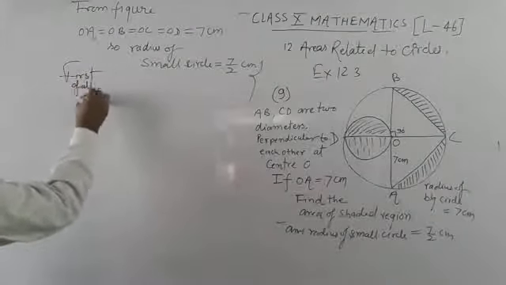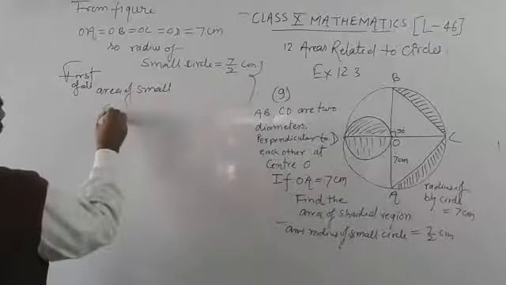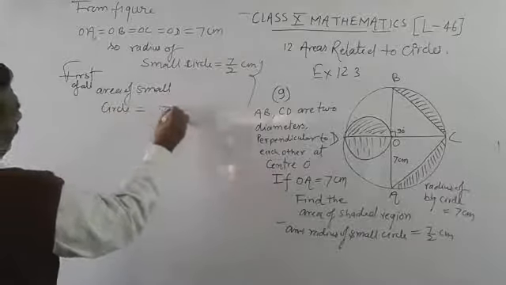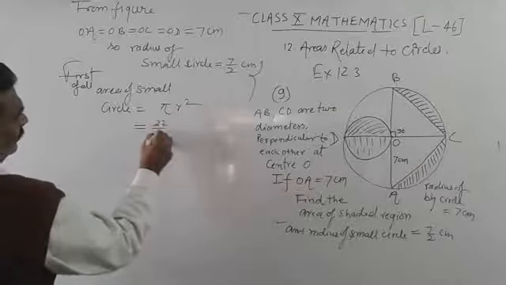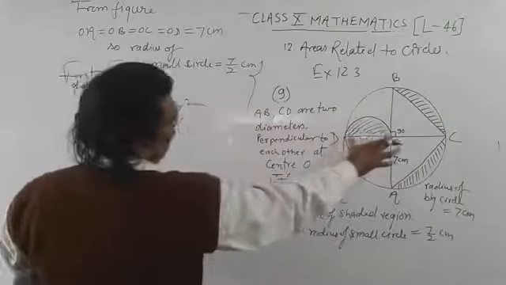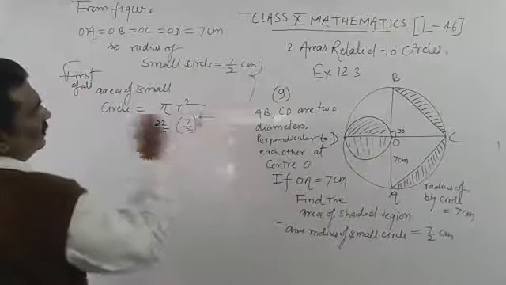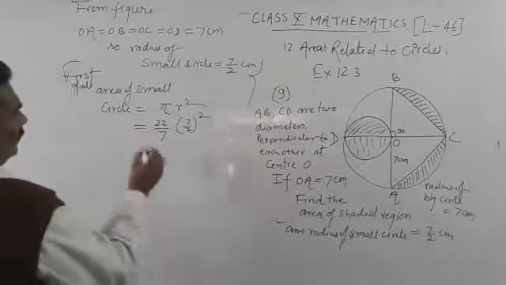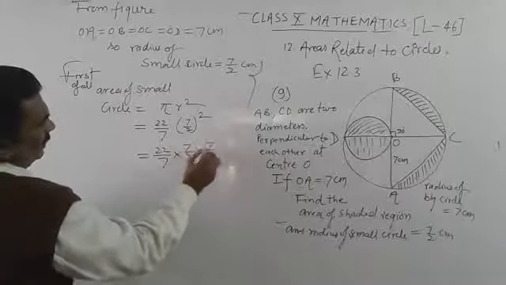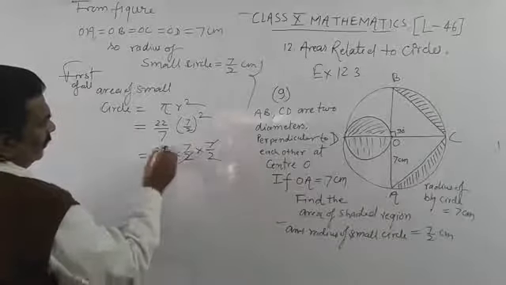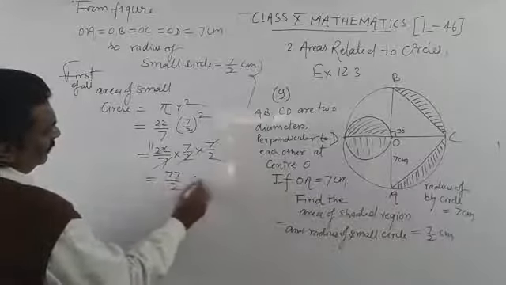So students, first of all, the area of the small circle is equal to pi r square, where the radius of the small circle is 7/2. This is 7, therefore the radius is 7/2 whole square. Now you can write here 22/7 multiplied by 7/2 and again 7/2. 7 cancels out, 2 11 7 77 upon 2 centimeter square.